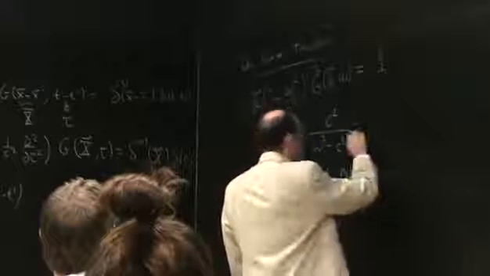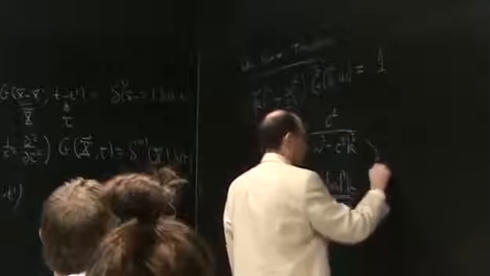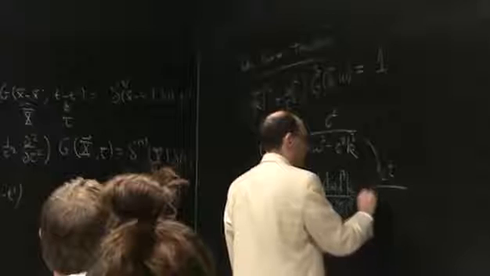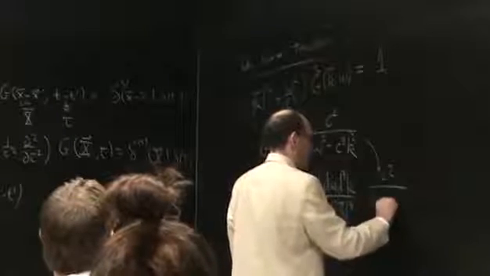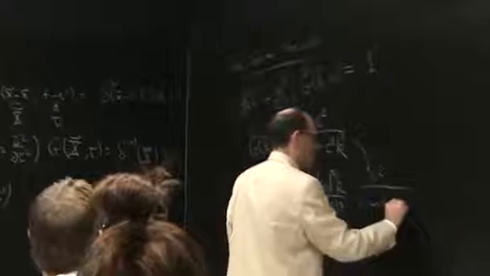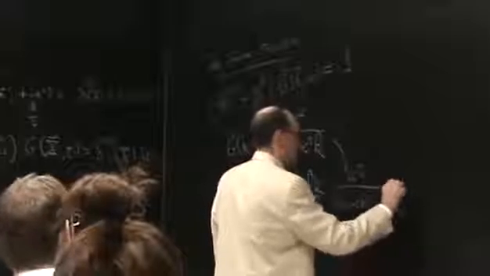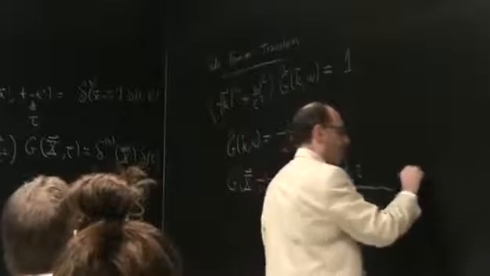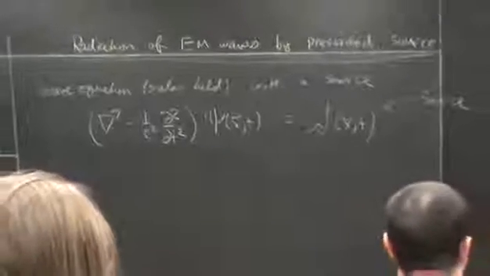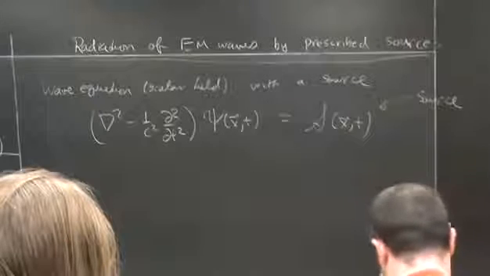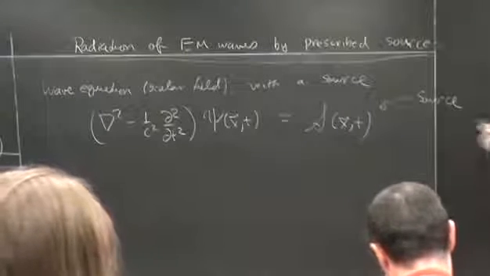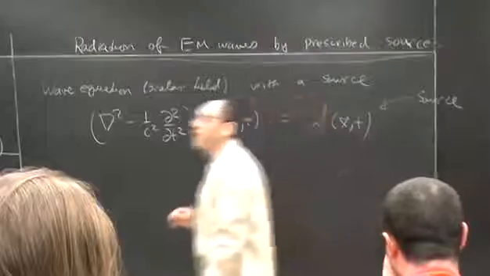Plug in this guy. c squared, I'll write it this way. And we have looked at the homogeneous solution where this was 0, but now we want to look for the particular solution.